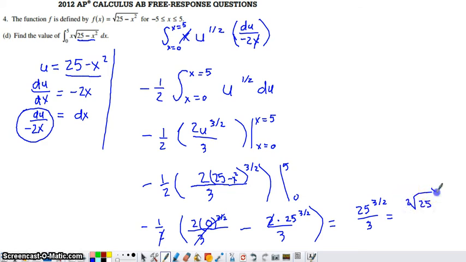And we can definitely do the square root of 25. Now I can't forget about the numerator from that exponent. I'm going to do the square root of 25, and then I'm going to cube that answer. And when I do the square root of 25, I get 5. And then when I do 5 times 5 times 5, 5 cubed, I end up with 125. So the result to this definite integral ends up being 125/3.